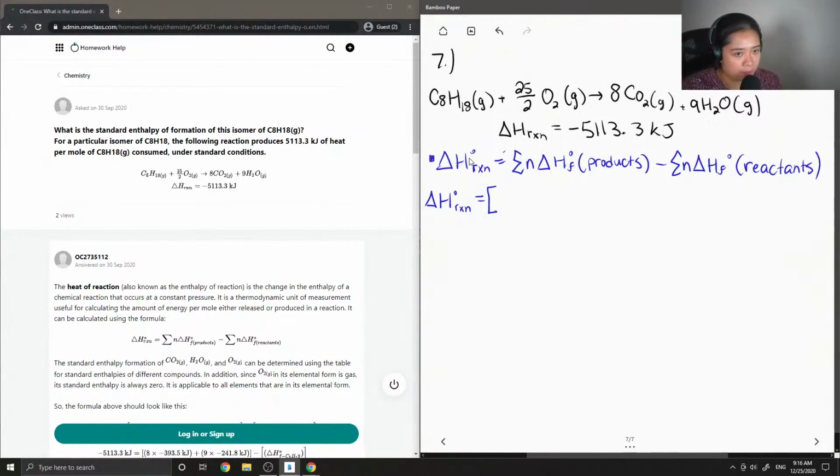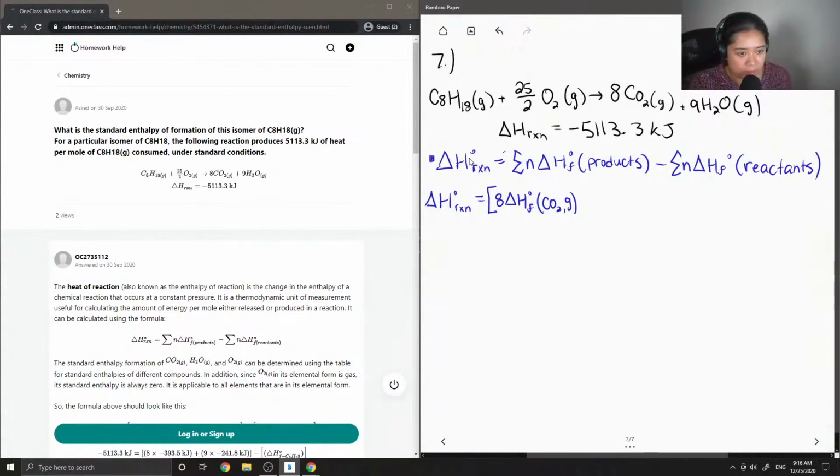So starting with our products, we have 8 carbon dioxides. So it's going to be 8 times the delta H of formation for CO2 gas. So it's also important to know what phase your compound is in as well, since depending on whether or not it's a gas or a liquid, that will also affect the delta H value.